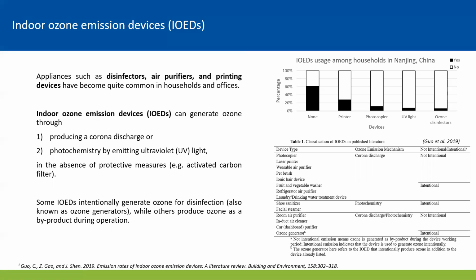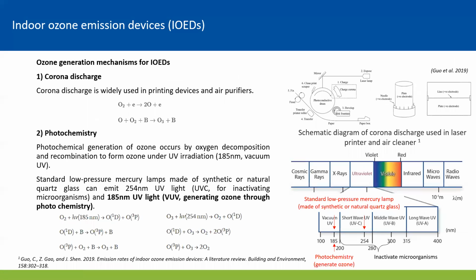But the ozone emission from both of them actually requires certain attention when people are using them. Ozone emission devices can generate ozone mainly through these two different mechanisms. The corona discharge is widely used in printing devices and some air cleaners. For air cleaners, they usually use corona discharge for capturing particles.